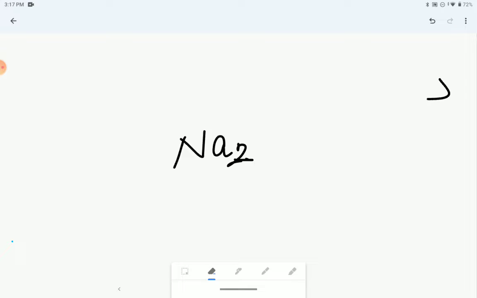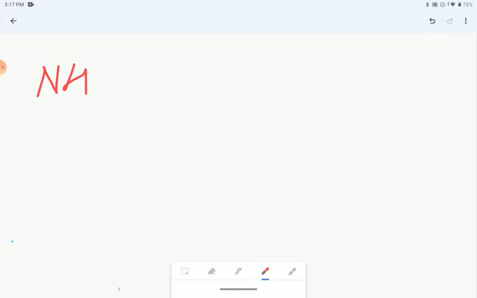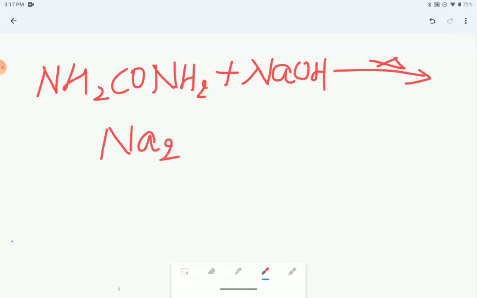Let's rewrite the balanced equation. NH2CONH2 plus NaOH on strong heating results in Na2CO3 plus NH3, which is the required product.